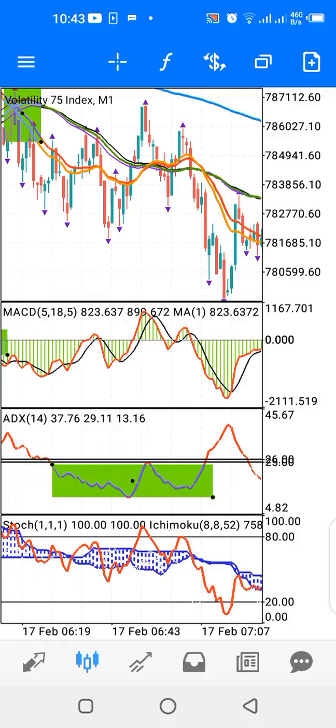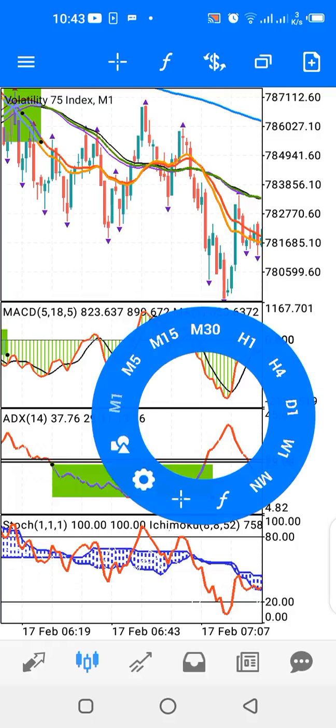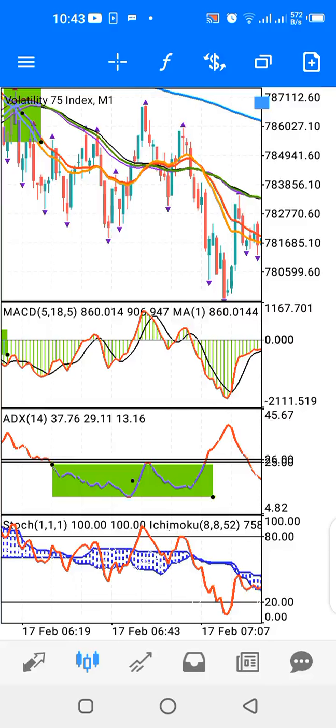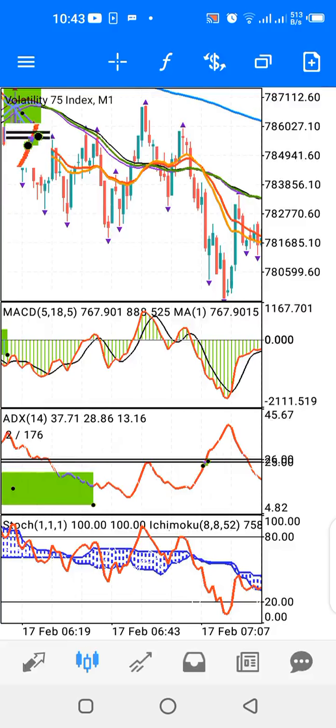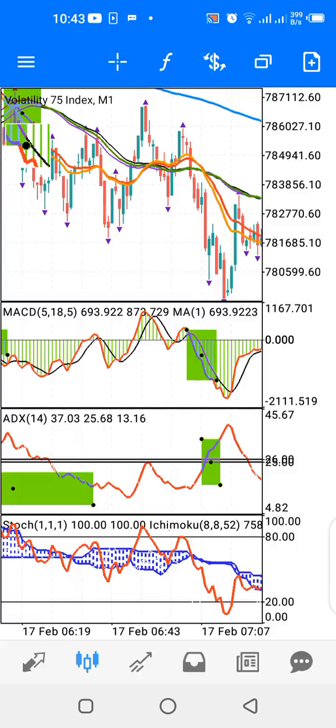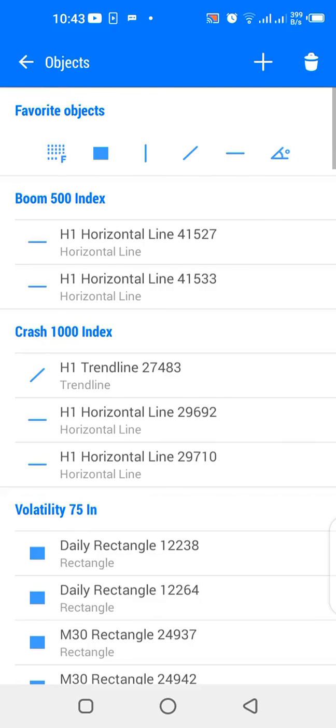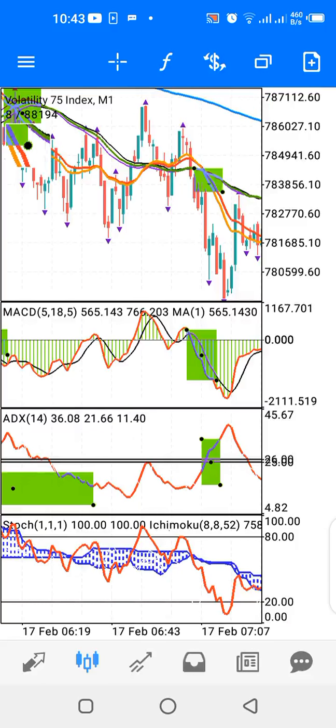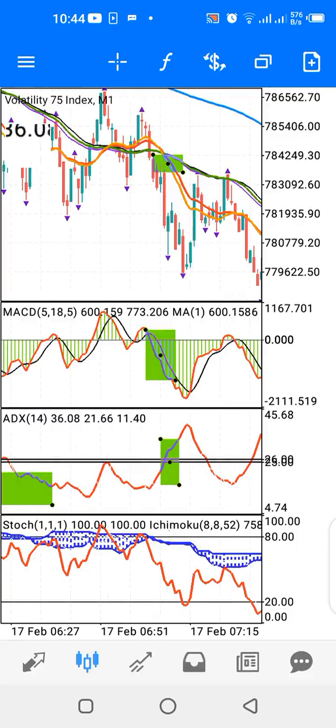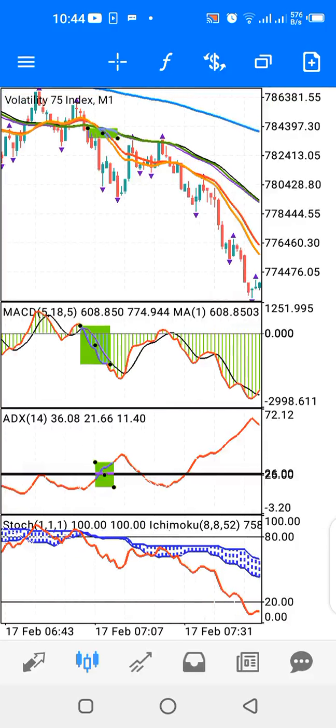But as it comes up, like you have it coming up around here, for you to place a trade, you look at what is happening in other indicators. You have a sell, so you can place your trade.